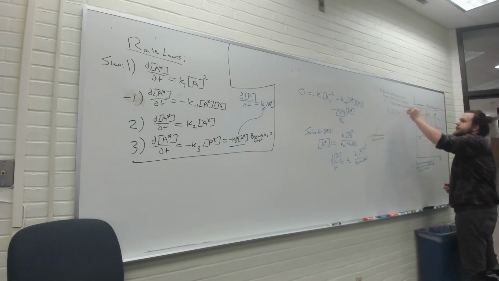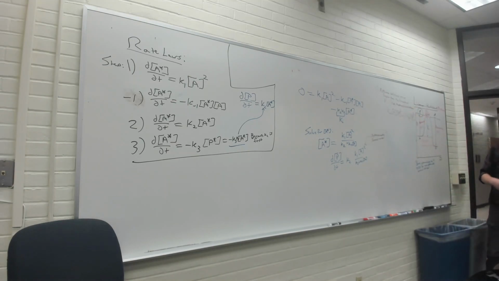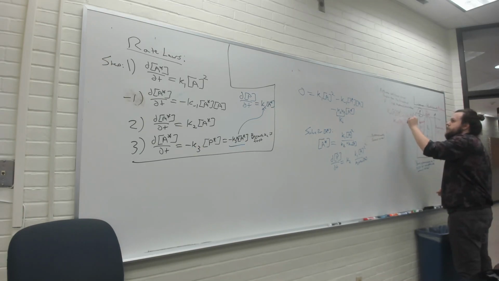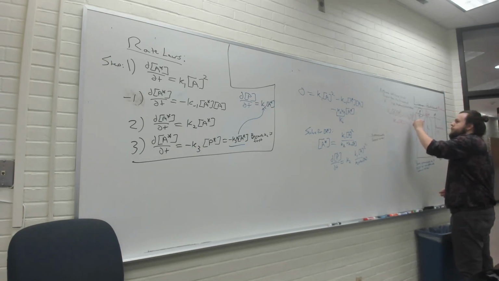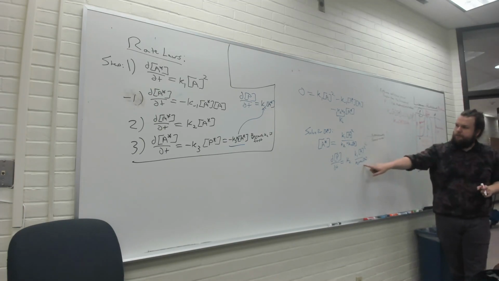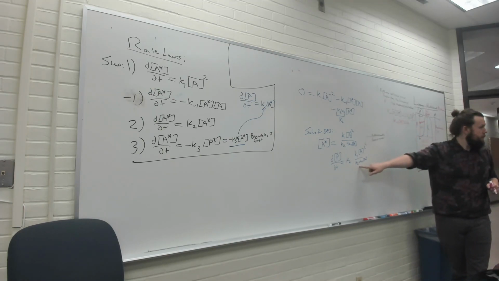So we notice that we can cancel out the A stars here. They don't matter. So we're left with k_-1 A is much greater than k_2. Now look, but notice we have both of those terms in our denominator here.